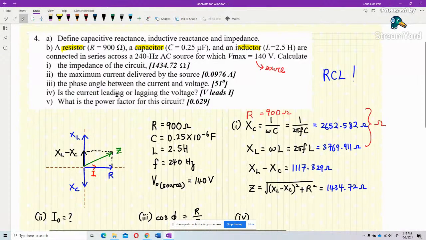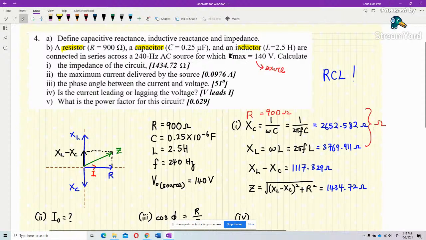Now, the next question, he asked for the maximum current delivered by the source. First of all, here you see this is the frequency, 240 hertz, and then this Vmax. This voltage refers to the source, because this voltage is written just beside the source, isn't it?